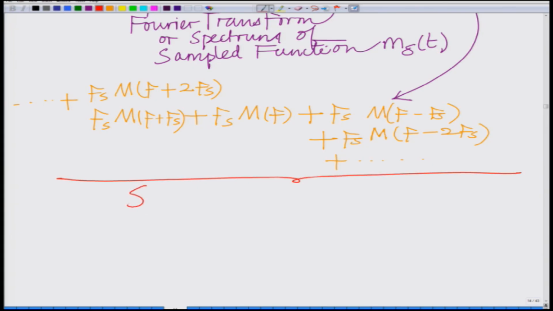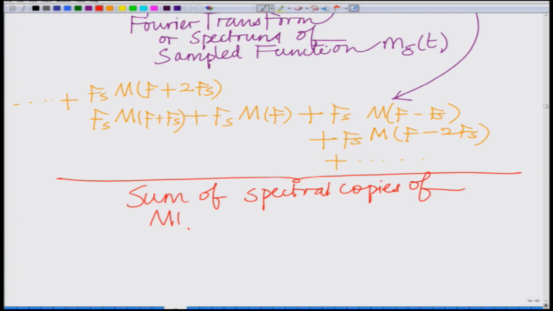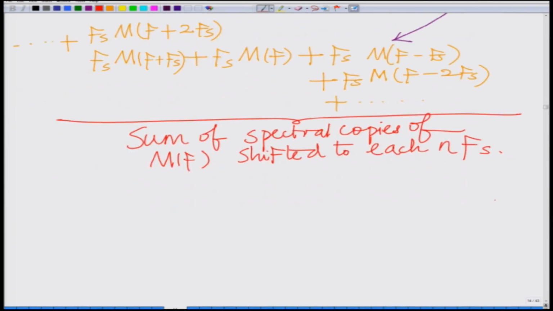of M(f) shifted to each nFs, where n is any integer, Fs is the sampling frequency. So, therefore, this is a very beautiful frequency domain interpretation.